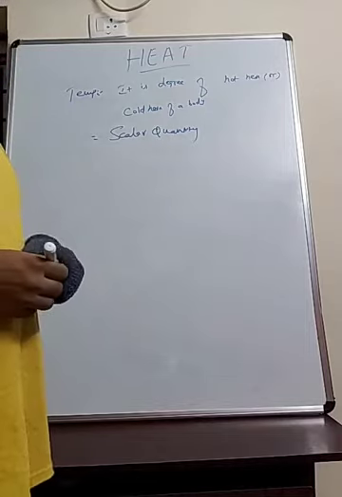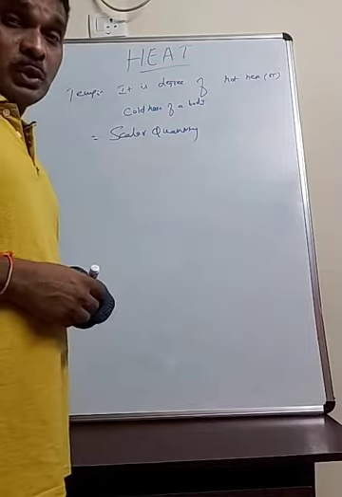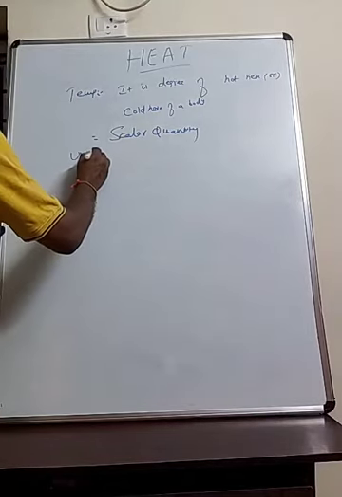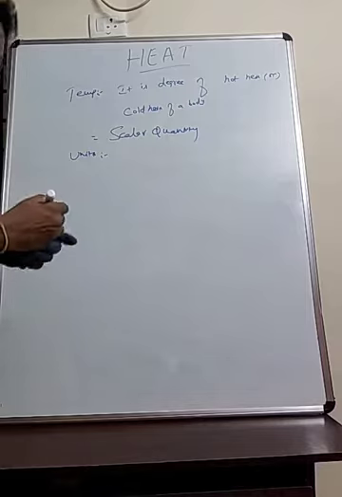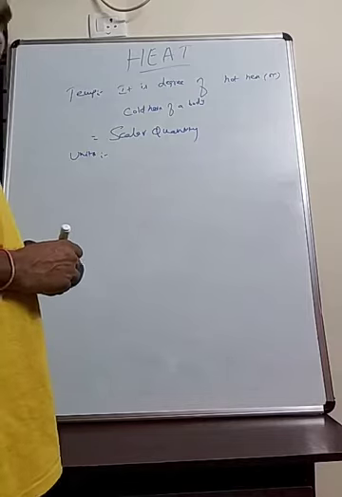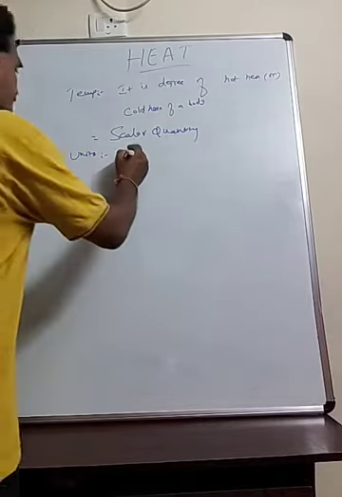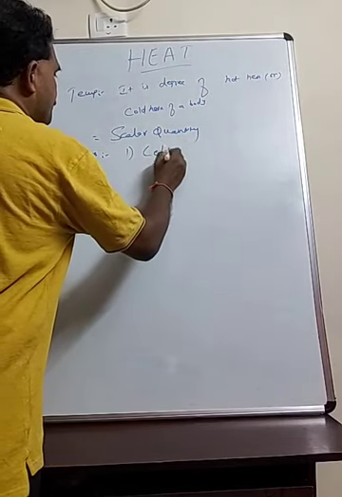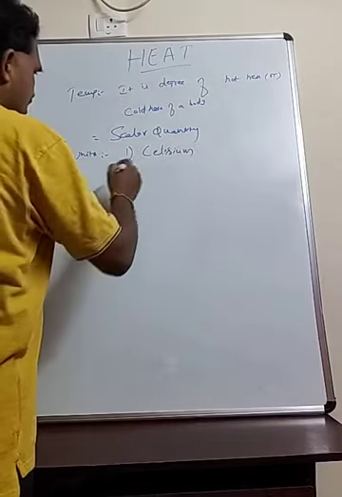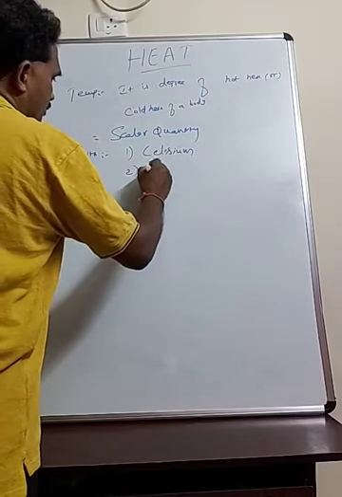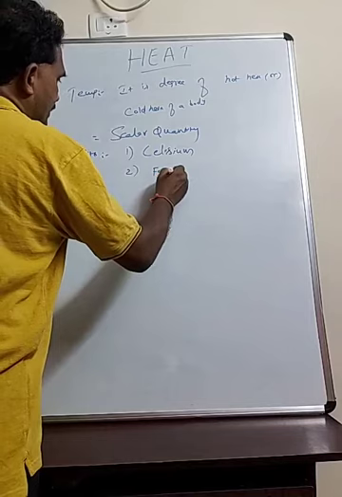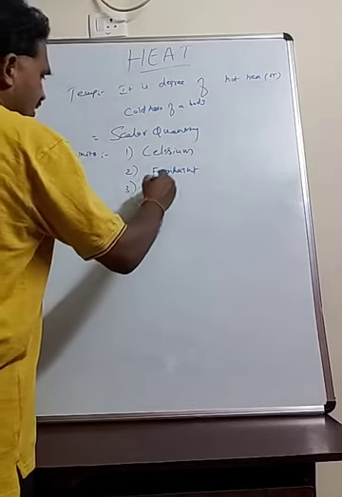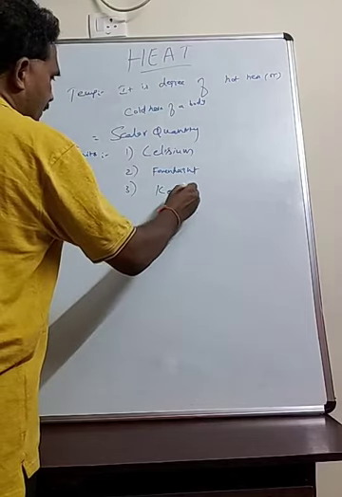That's why we have only magnitude, then units. To measure temperature, we have different units. One is Celsius, second is Fahrenheit, third is Kelvin.